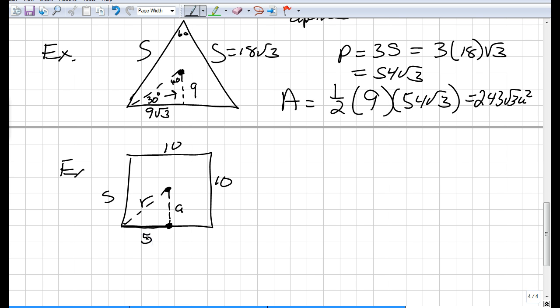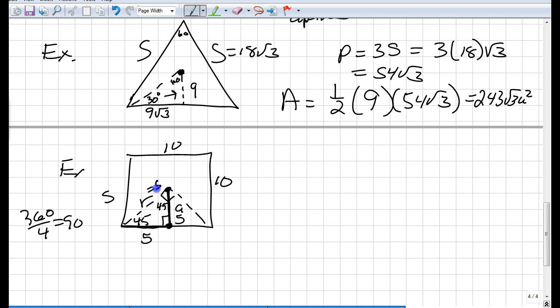And we know that this is a 90-degree angle, because 360 divided by 4 equals 90. So the central angle is 90 degrees. And so the apothem bisects that angle. So this is 45. This is a right angle. This is 45. So that means the apothem must be 5.